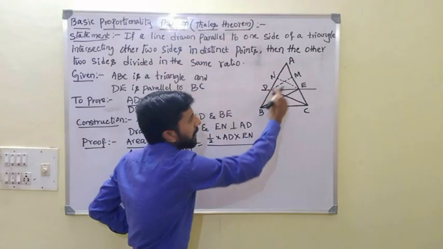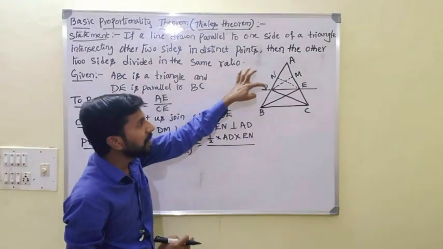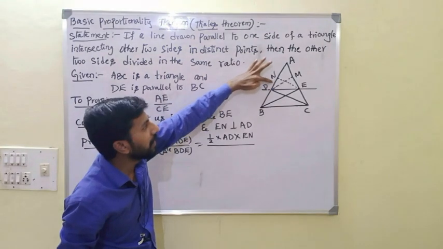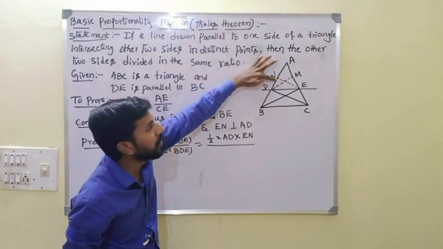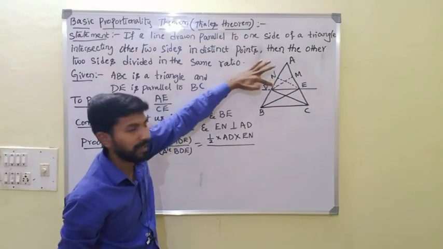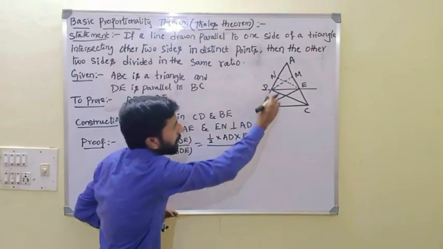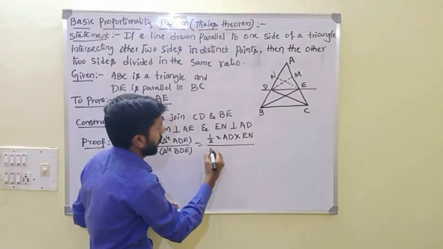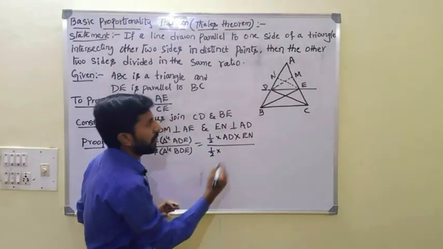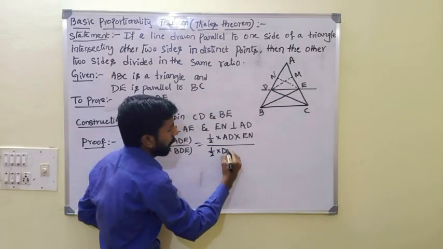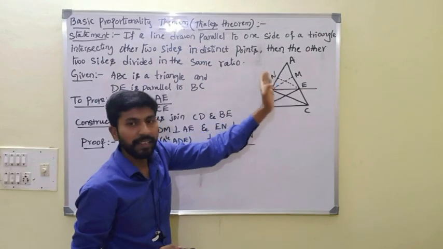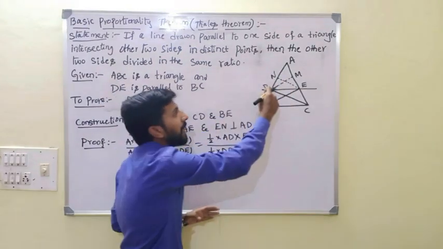Here in this triangle, the perpendicular is extended to here. From here we get a perpendicular line. Now the base is BD or DB, I can say. Half into DB into, here the perpendicular height is EM. It is an extended line.